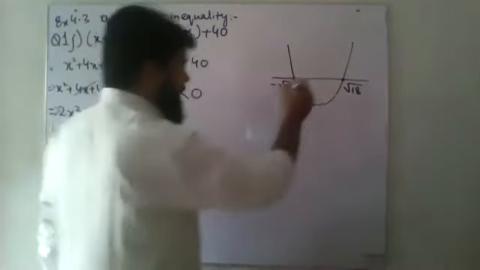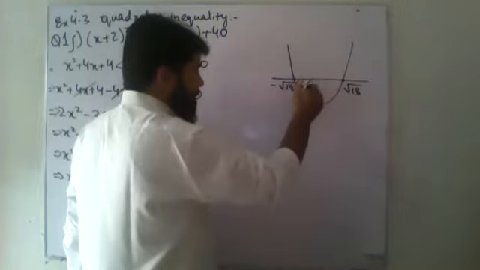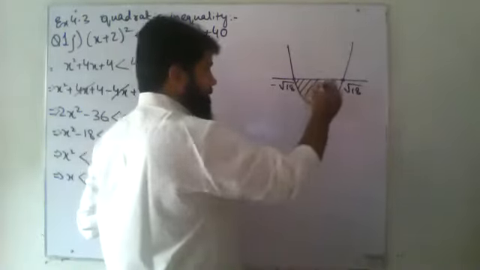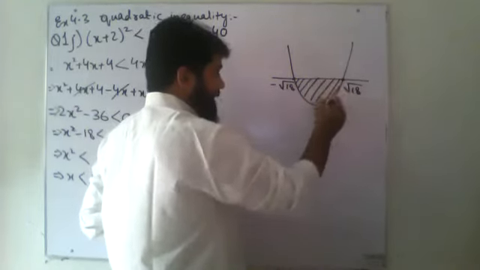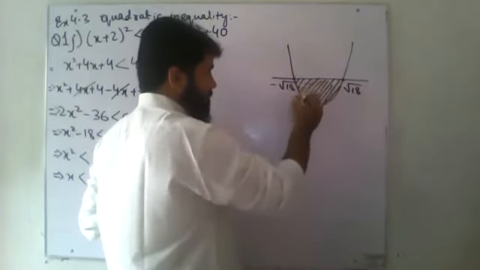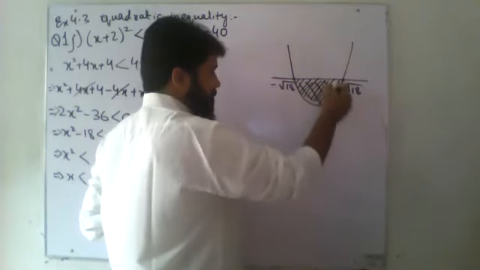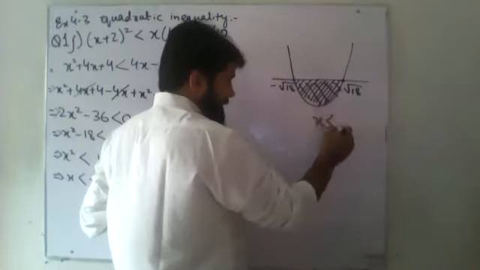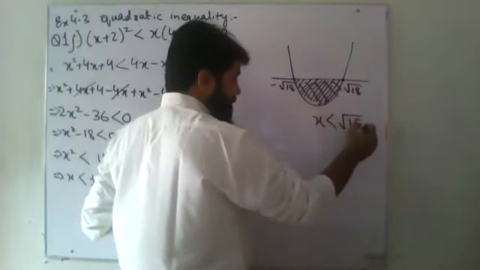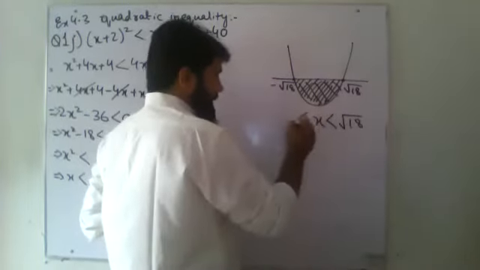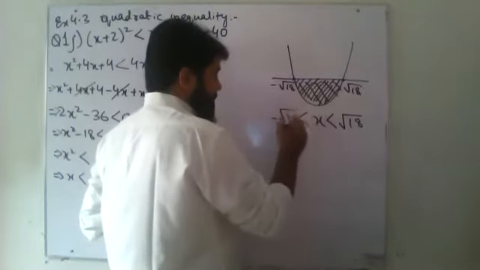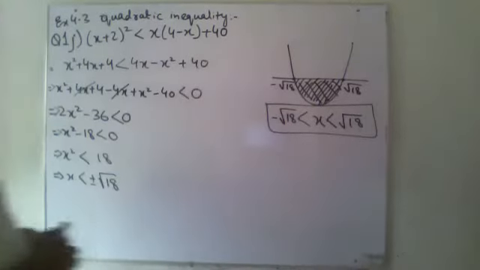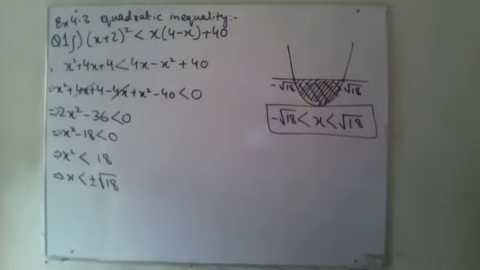Lesser than 0 means it is going to be shaded in this part, which is a combined one. X is lesser than under root 18 and x is greater than minus under root 18, and this is how we are going to solve our question.